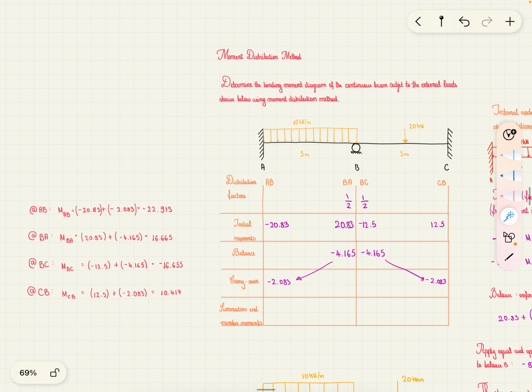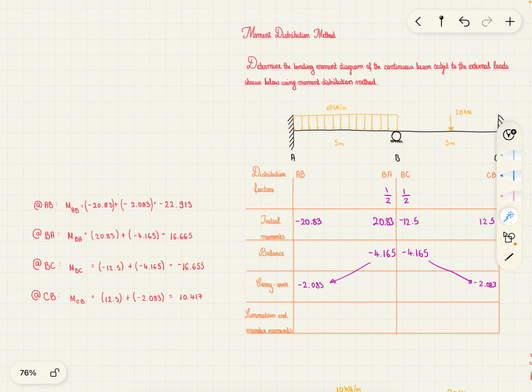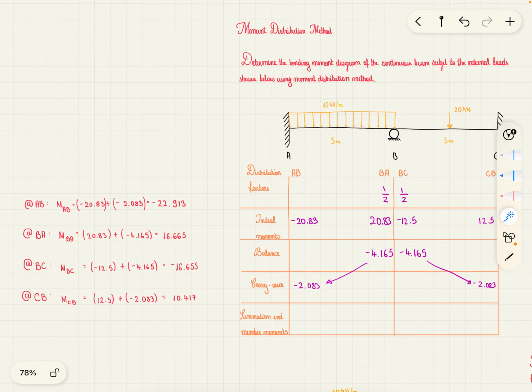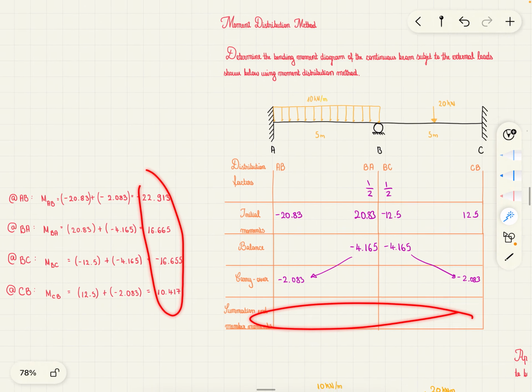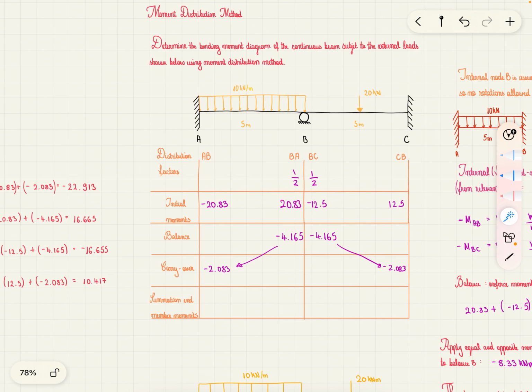And I've done this here, so you can see. Signs are very important. That's why you can see I've written everything within brackets when adding them up, and then just have a plus sign in between them. And this gives you your end member moments. So these you then substitute in here. And now we are good to draw our bending moment diagram.